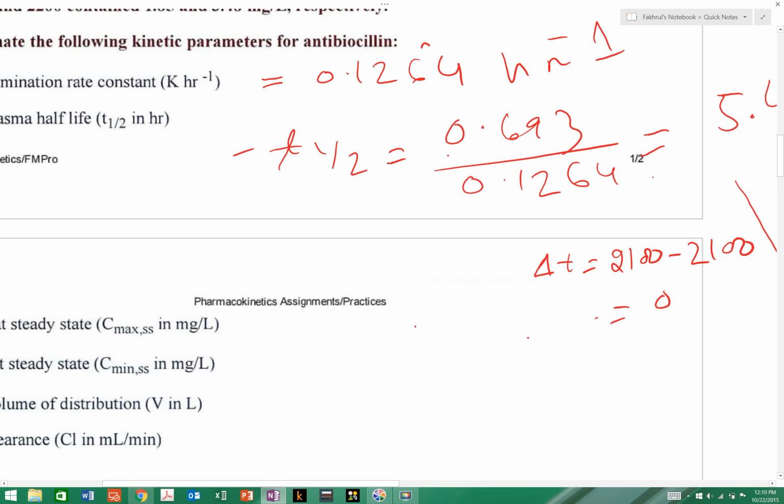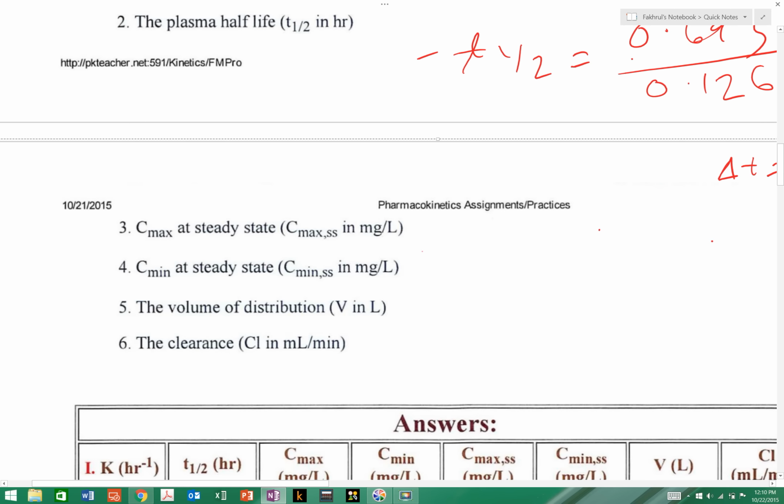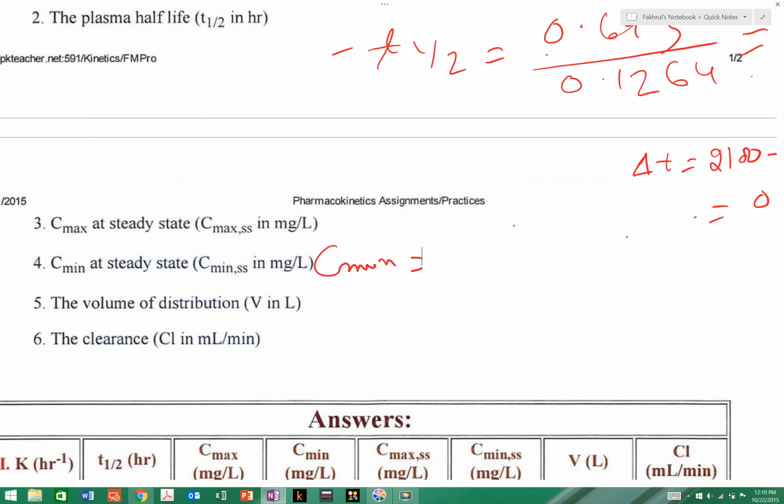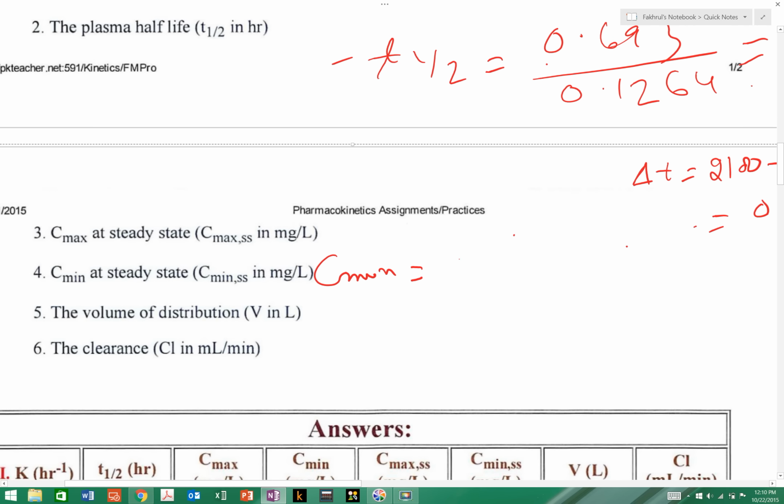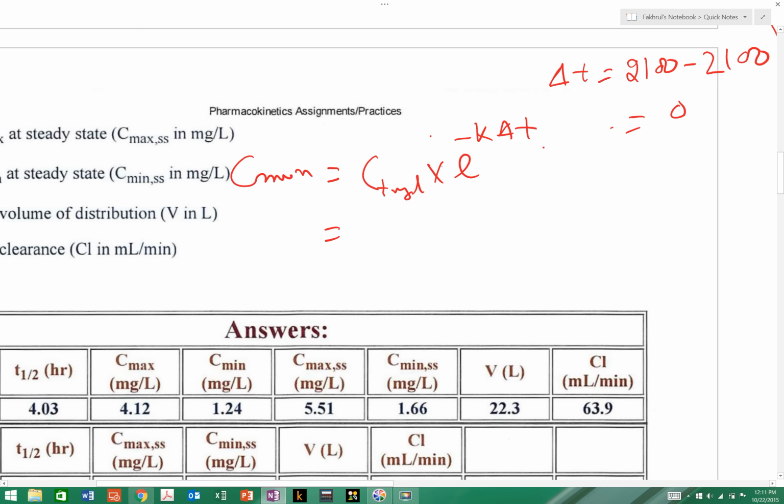So now if you are going to use this equation, Cmean is equal to C trough times e to the negative k delta T. As you can imagine, C trough and Cmean are going to be the same. So here 1.85 times e to the 0.1264 times 0, and this would be 1.